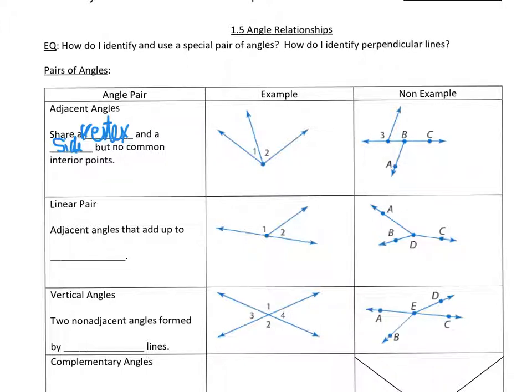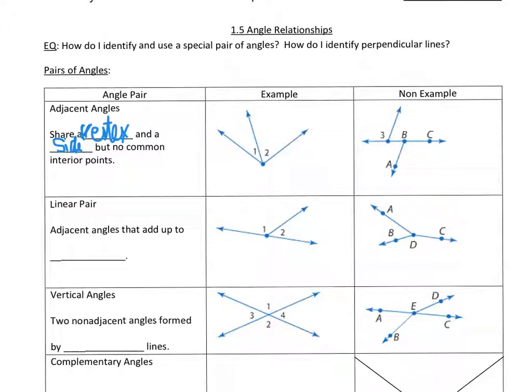So this right here is an example of what adjacent angles look like, and this is not an example. Pretty clear from our descriptors here.